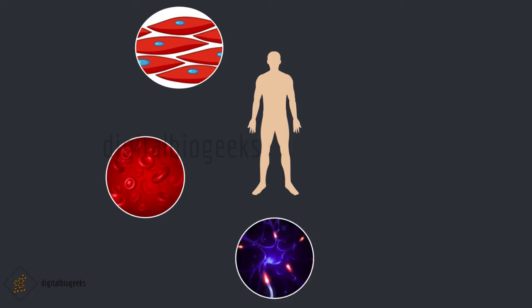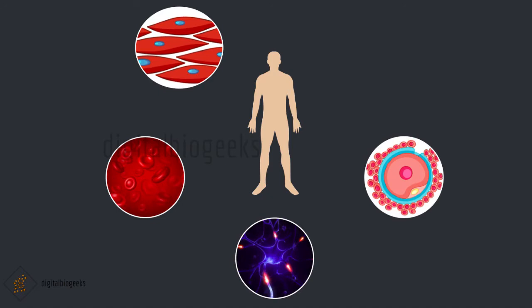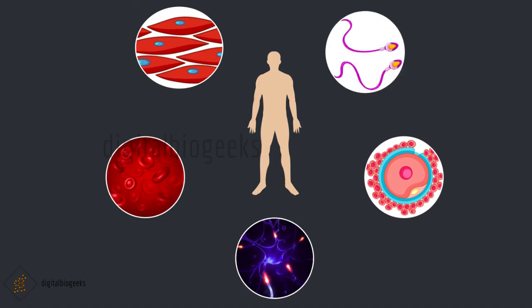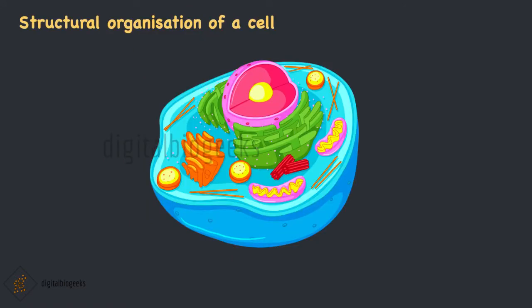There is the ovum, which is a female reproductive cell, and the sperm, which is a male reproductive cell. All are different in their shape and size. From this we can understand that the shape and size of the cells is related to the specific function they perform.